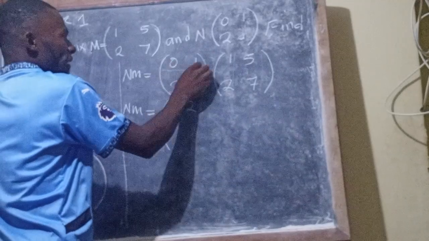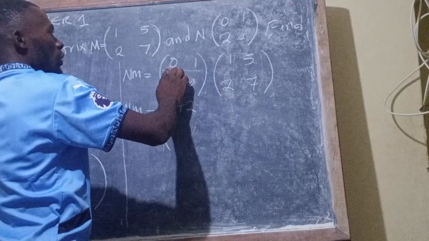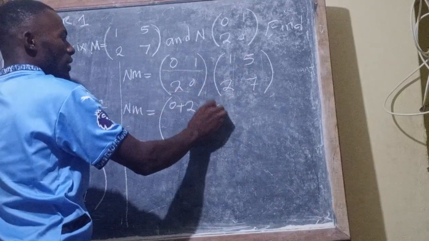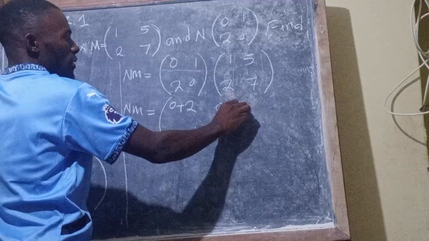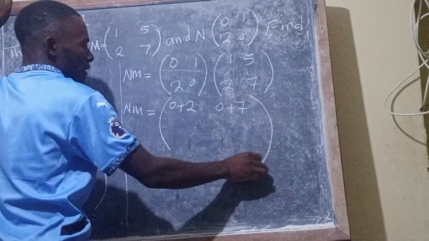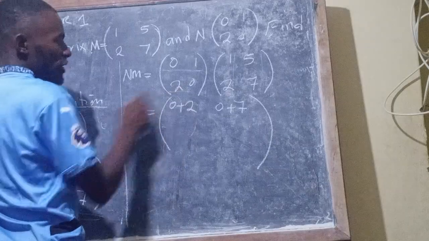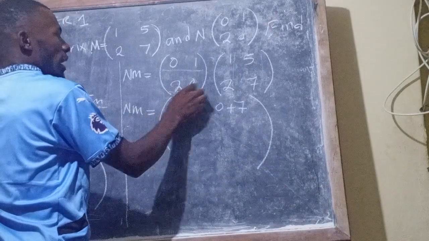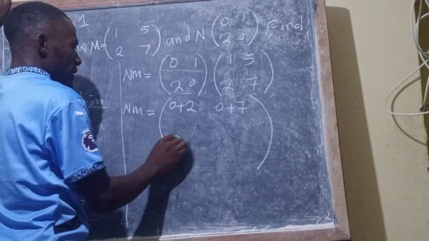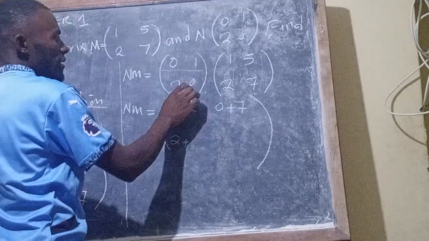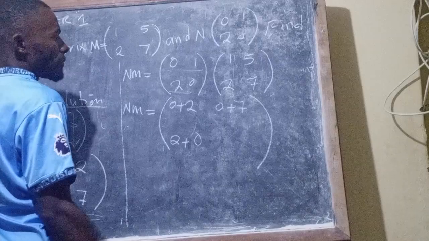We shall use the same first row with the second column, where we have 0 times 5, which is 0, plus 1 times 7, which gives us 7. So we are done with the first row. We go to the second row, again by the first column. So 2 times 1, that is a 2, plus 0 times 2, that is a 0.